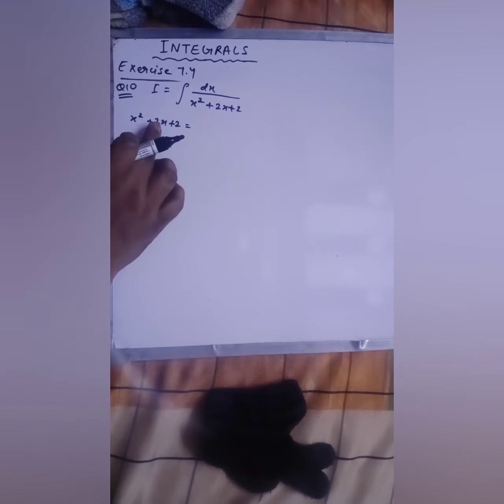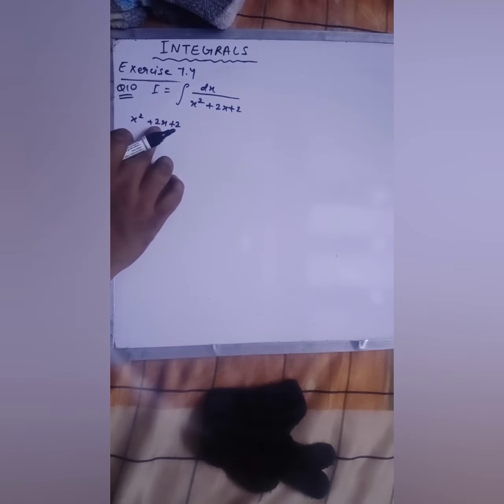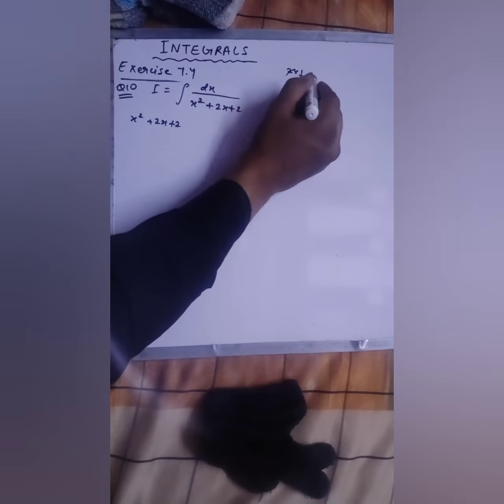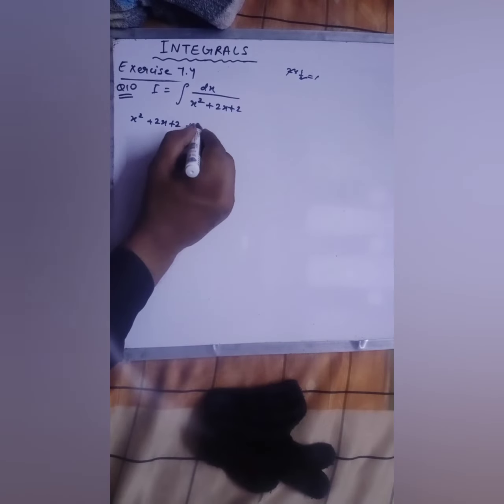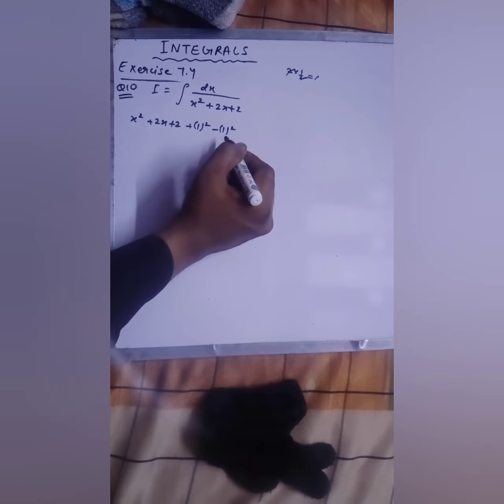After that, you have to check the coefficient of x. The coefficient of x is 2. So you have to multiply this coefficient by half, and when you multiply you will get 1. So you have to take the square of 1 and subtract the same number.